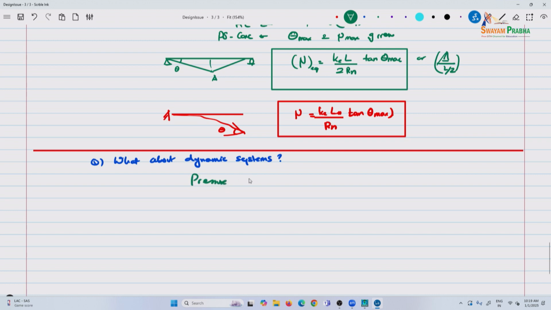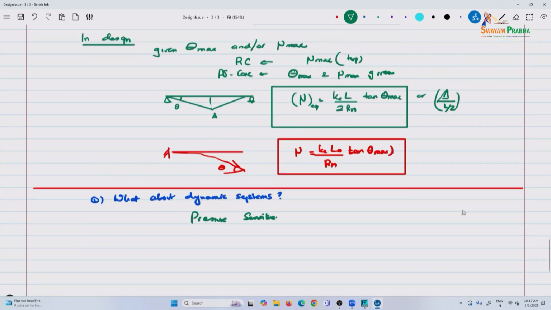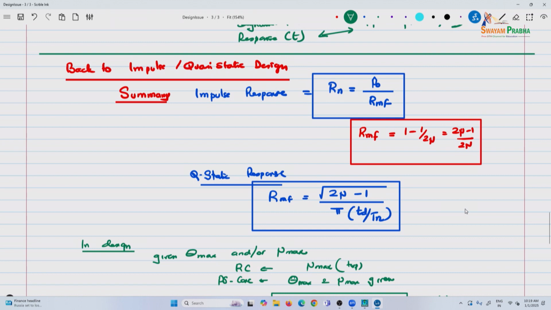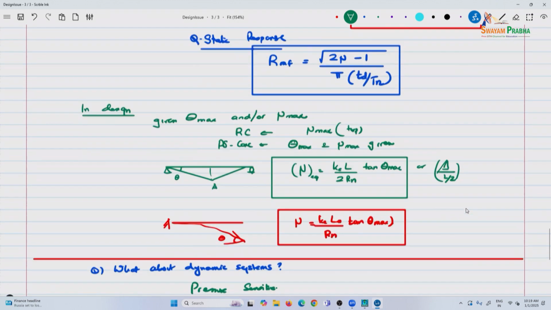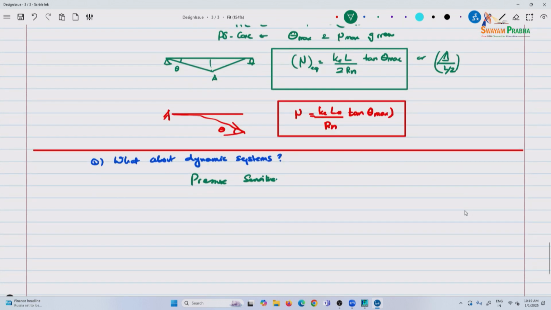So if you have a pressure sensitive system, so we saw that it is 2 mu pi Td by Tn. So, this was square root of 2 mu minus 1 divided by pi Td by Tn.